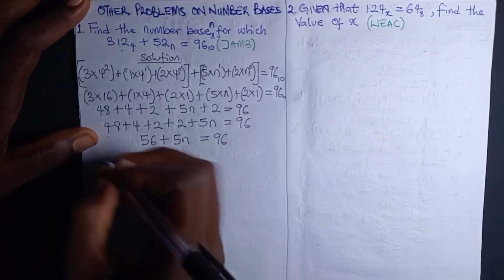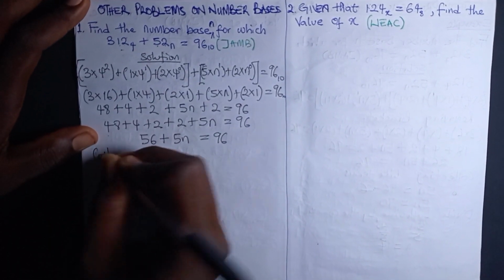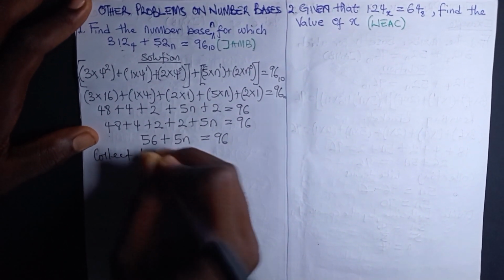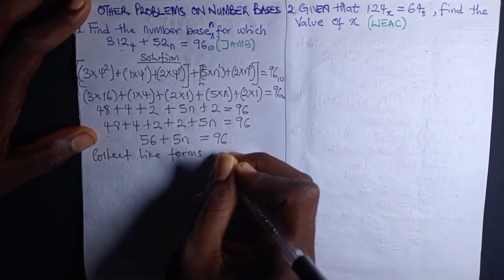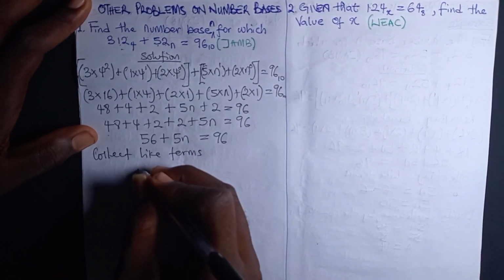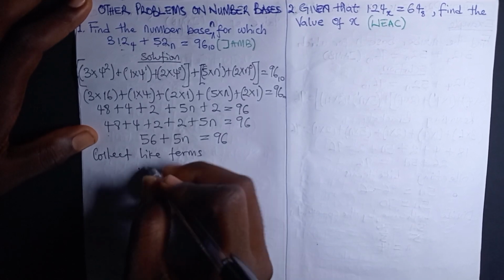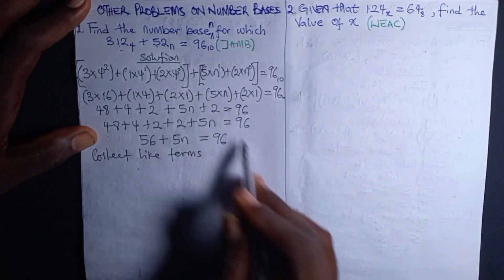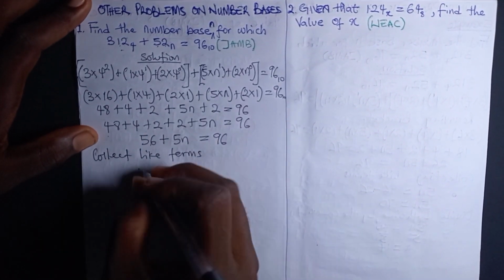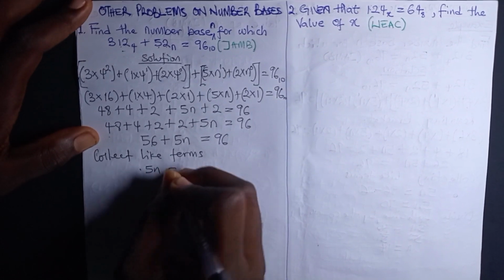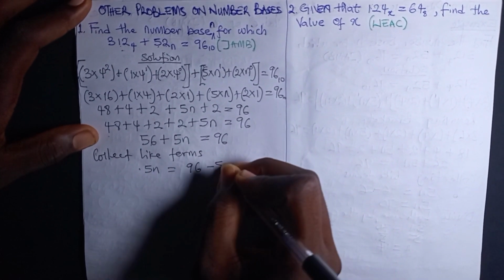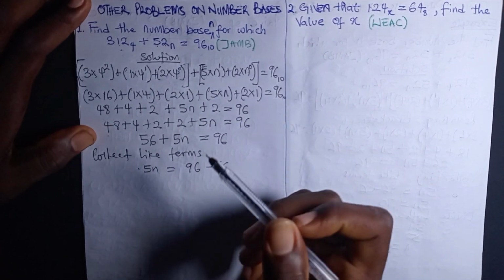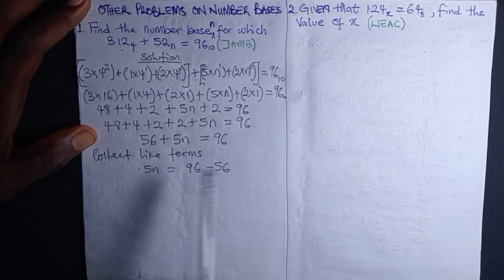So if we collect like terms, you take 56 to the other side of the equation. You have 5n is equal to 96 minus 56. Let me teach you something.